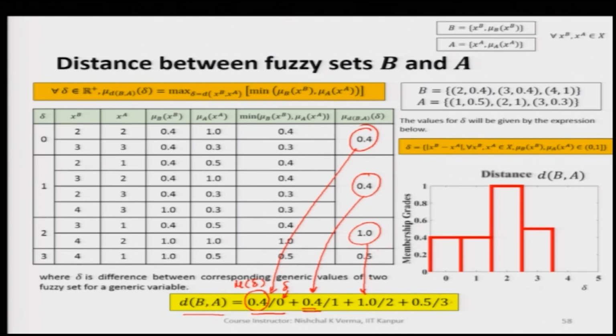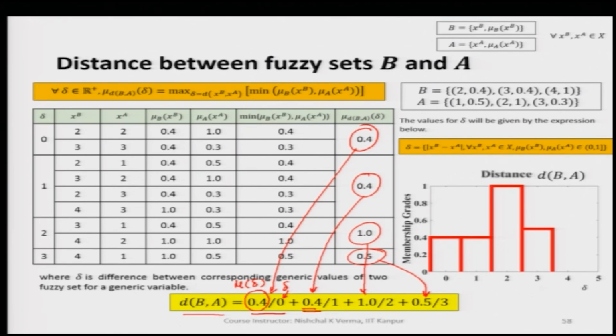Similarly, for delta is equal to 3, we are getting the corresponding membership. So, this way we have got a fuzzy set, which is nothing but the distance between discrete fuzzy set B and discrete fuzzy set A.